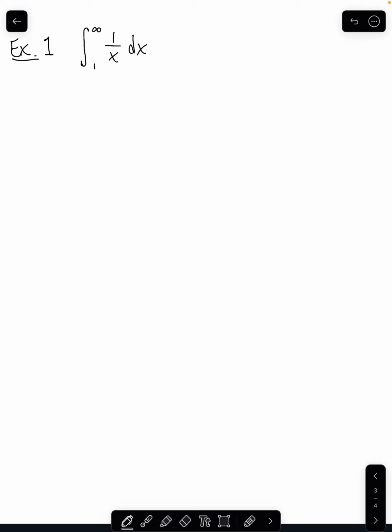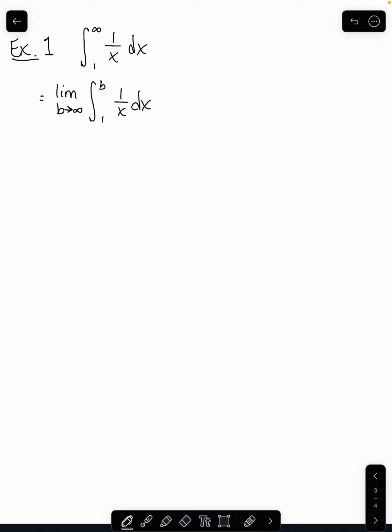So our first step is to replace the upper limit with a variable, and then after evaluating the integral, to take the limit as b approaches infinity.